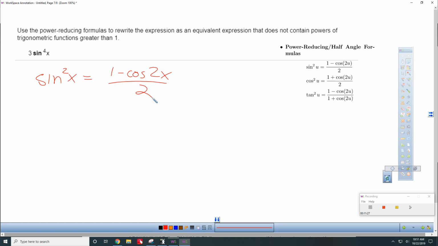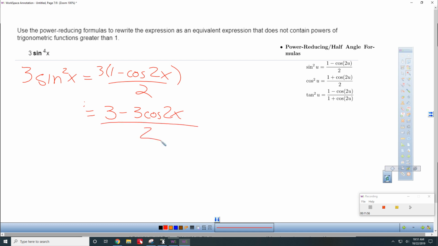So if I do 3 times that, 3 times the sine squared of x would be 3 minus 3 cosine of 2x over 2. Okay, got it.